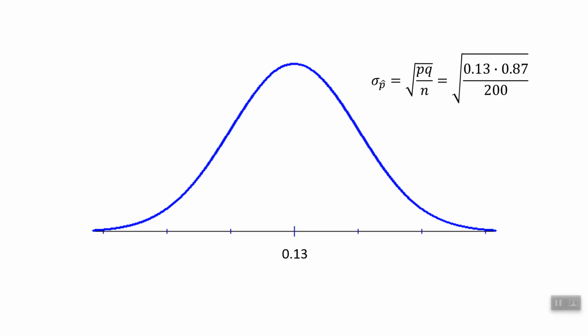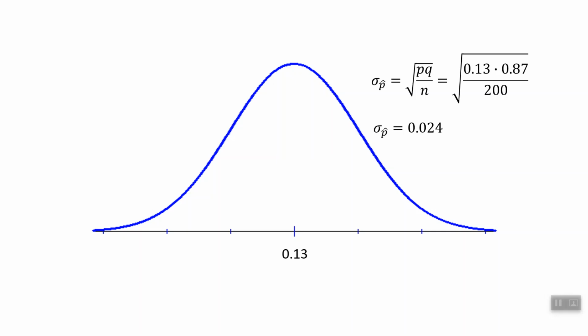If you recall, the standard deviation for a sampling distribution for proportions is equal to the square root of P times Q over N. I've inserted P, Q, and N into that formula, and with my scientific calculator, I find that the standard deviation is equal to 0.024.